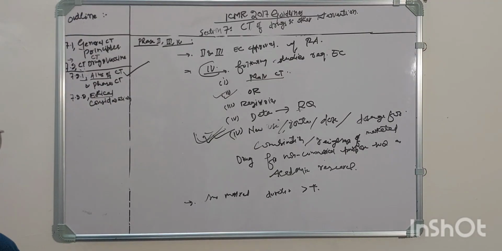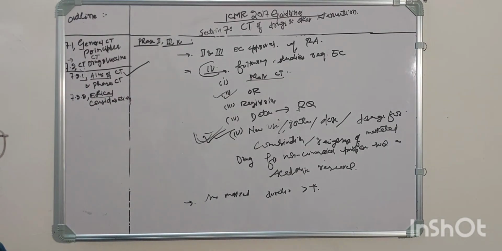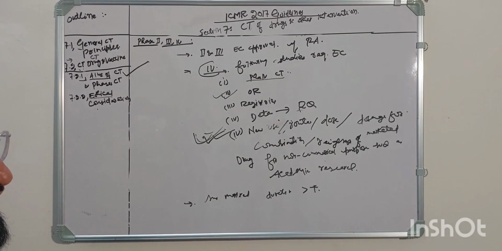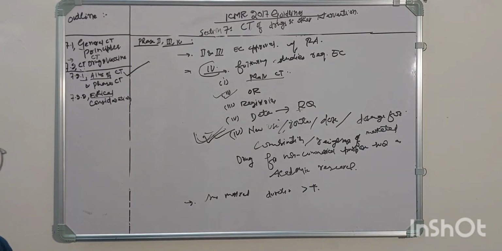In the upcoming videos, we will learn about other kinds of interventions like bioavailability and bioequivalence studies, and other important interventions which are necessary for our clinical research and for interviews or viva. So that will be discussed.